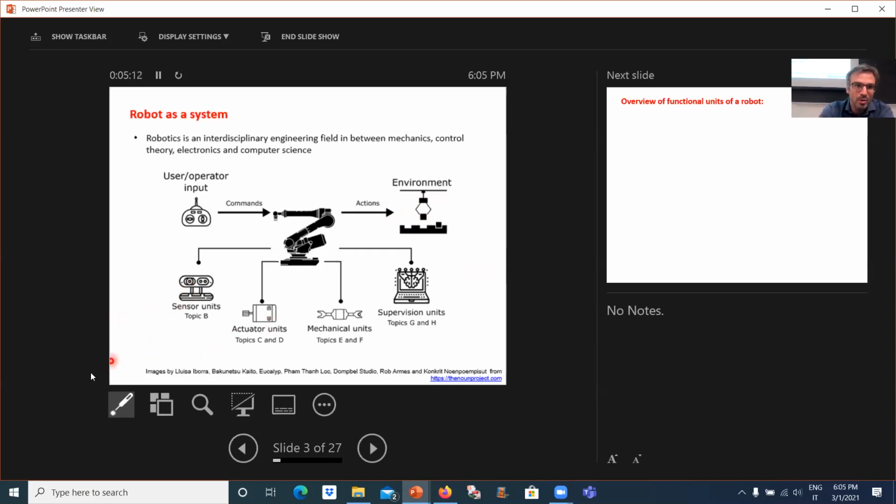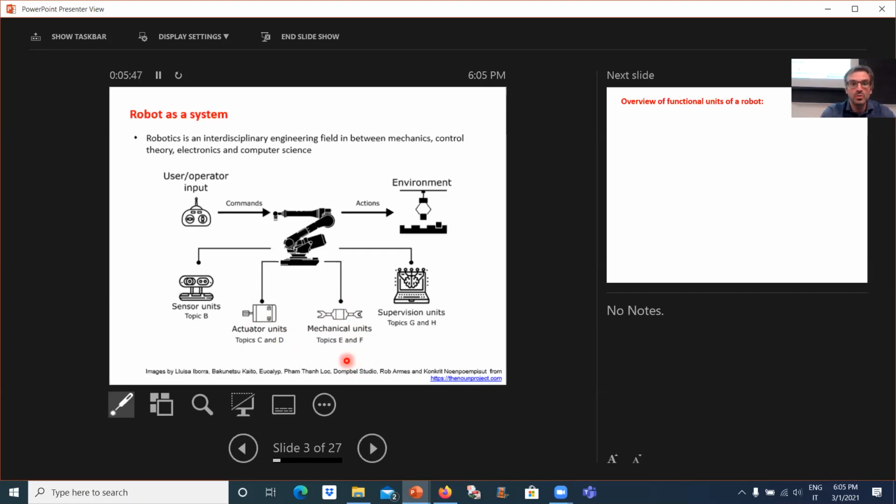To do so, we have several ingredients. One of them is the sensors that detect the state of the robot and of the environment, and the actuation units, which are like the muscles of the robot. So the robot performs actions based on the perception from the sensors, and the mechanical units, which are the joints and the elements the actuators act upon.